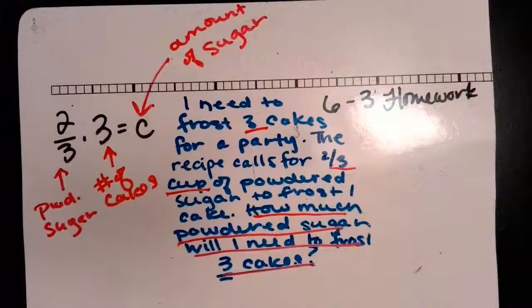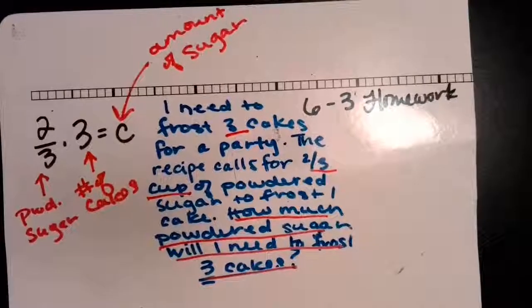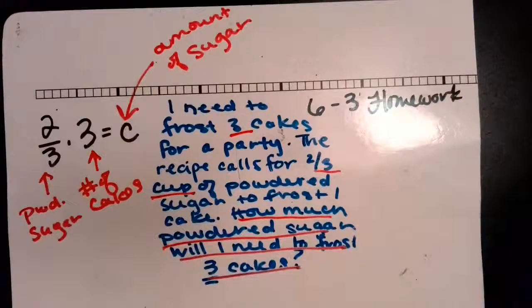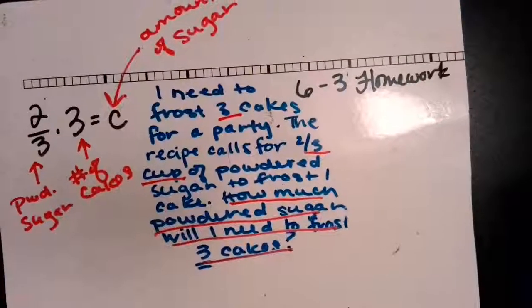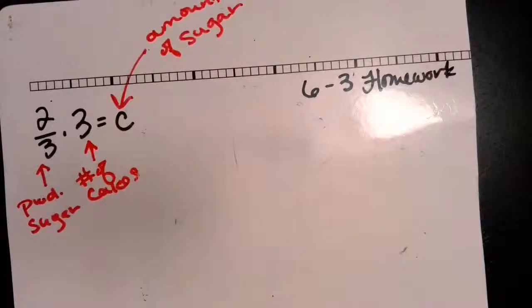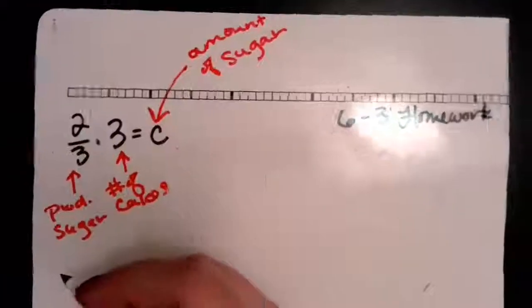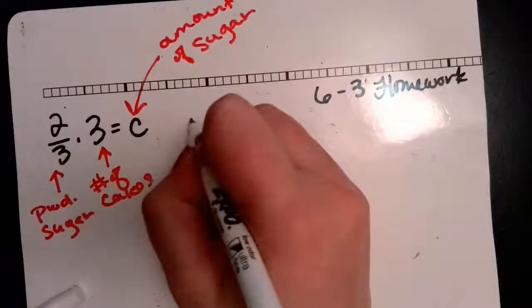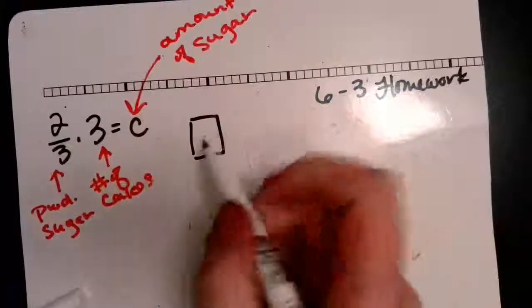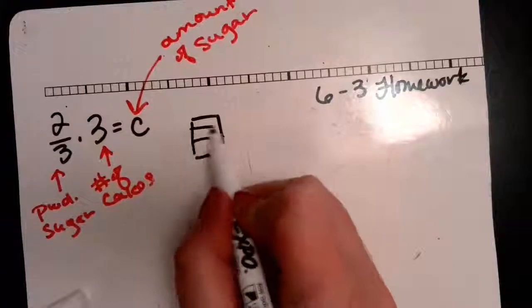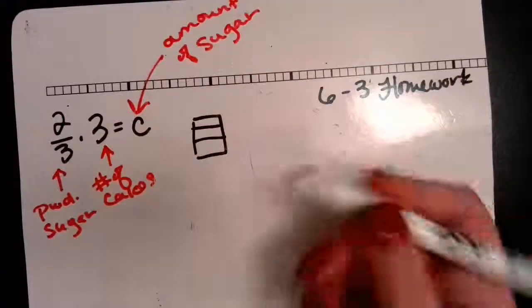Now the next step is to make a model or draw a picture to help describe this. So in order to do that, I'm going to need to draw some pictures. If I know that I need 2/3 cup of powdered sugar for 1 cake, the first thing I need to do is draw a cup and cut it into thirds.